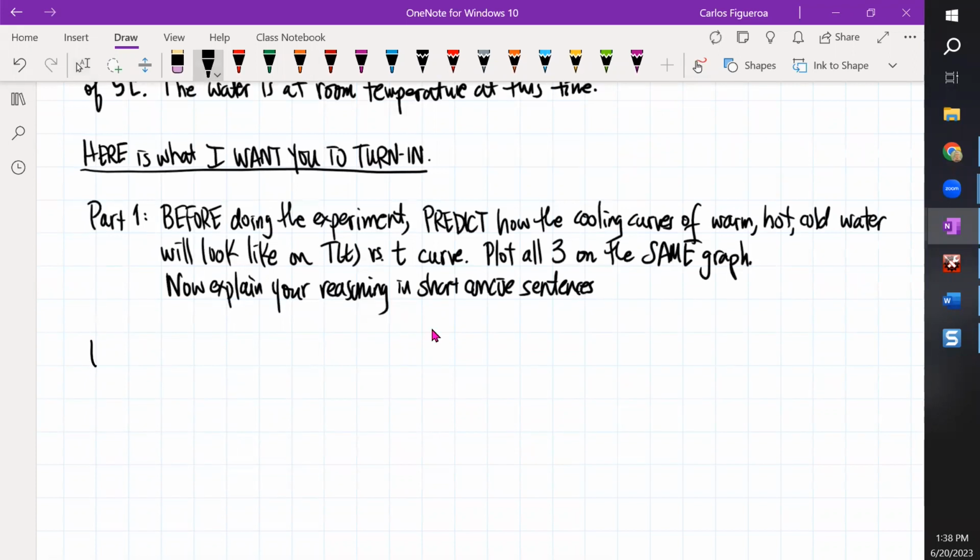So now in part two, here's what I want you to do here. Now, experimentally, measure the cooling curves.